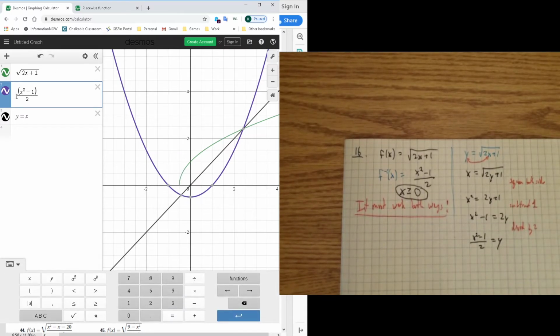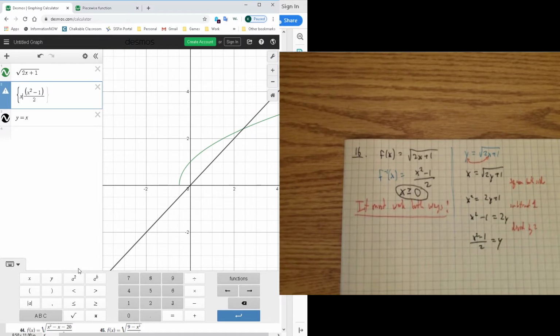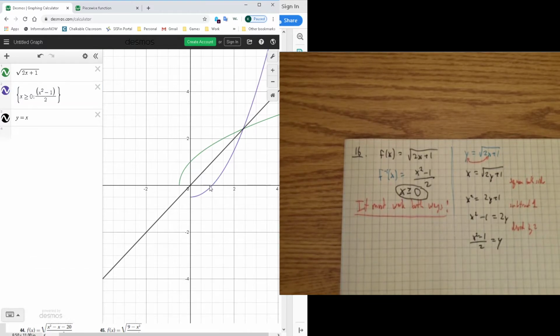So if I take this function and define it using my curly brackets, x greater than or equal to 0, notice these are clearly inverses of each other. They have that relationship where they are matching components. And so, if I restrict this domain, then I can get it to work.